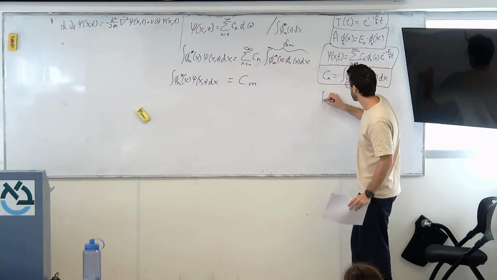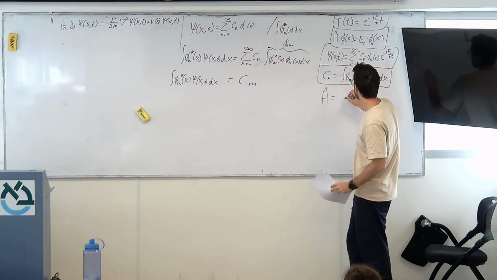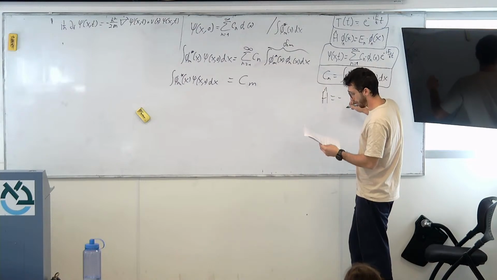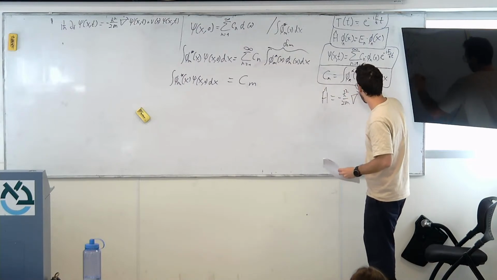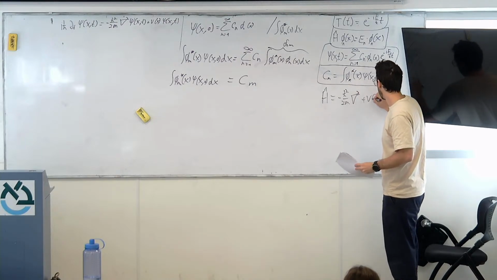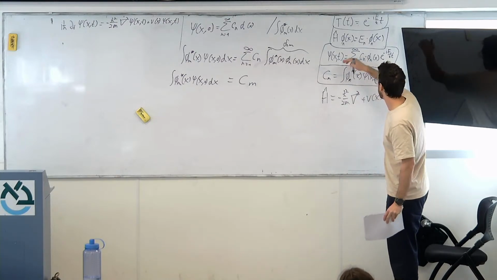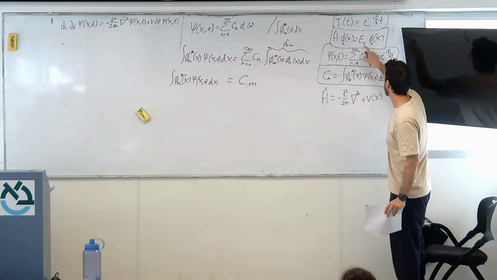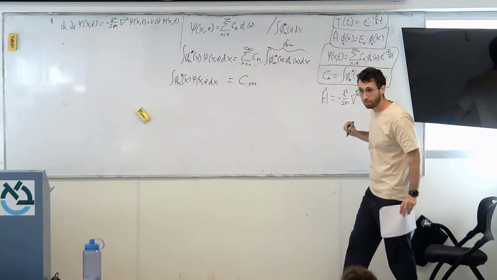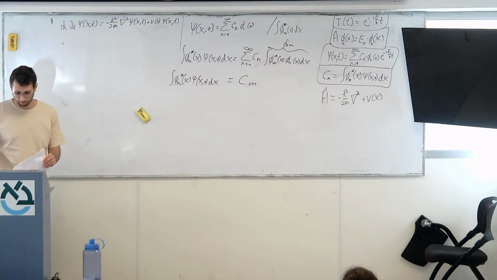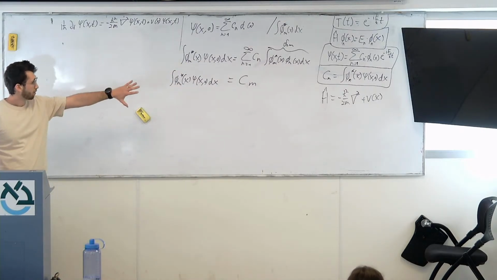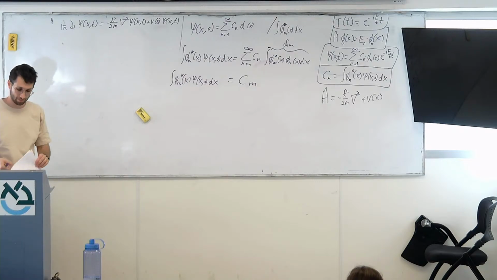Always H will be minus h bar squared over 2m Laplacian plus v of x. We just operate it on phi n, and we get the energies and the eigenfunctions and the eigenvalues. Make sure it's clear what we did here.